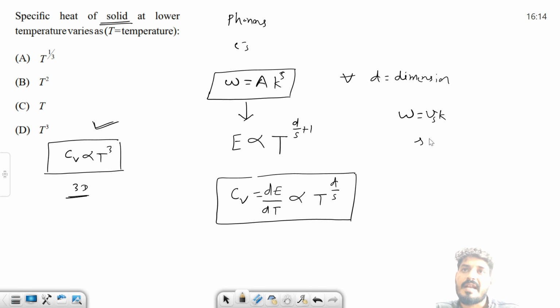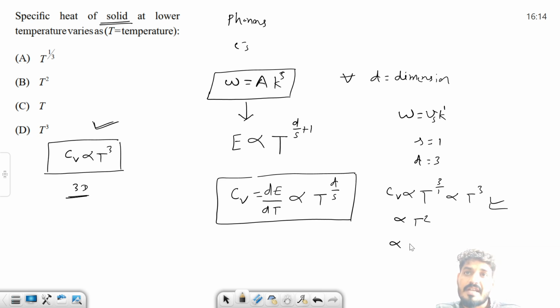That means from here I can say S is equal to 1, k to the power 1. And let's suppose 3-dimension case, I can say D is equal to 3. Just put in this equation. Cv is proportional to T to the power 3 by 1, T cube. Very simple. If it was asked in 2D we would put 2, it would become T square. For 1D it would become T.